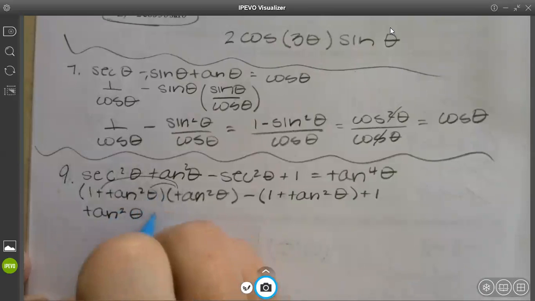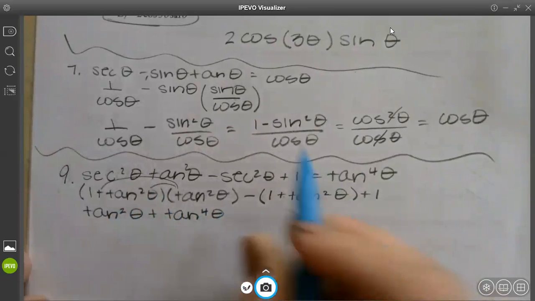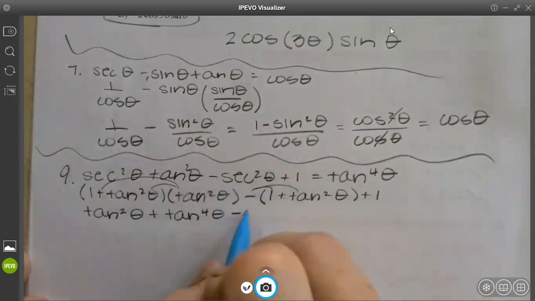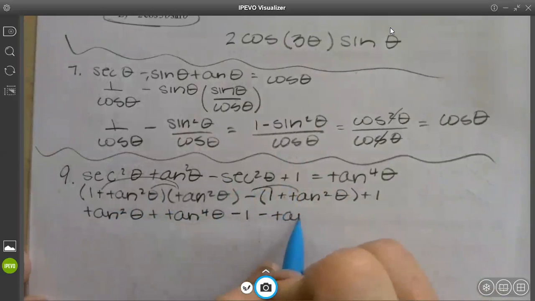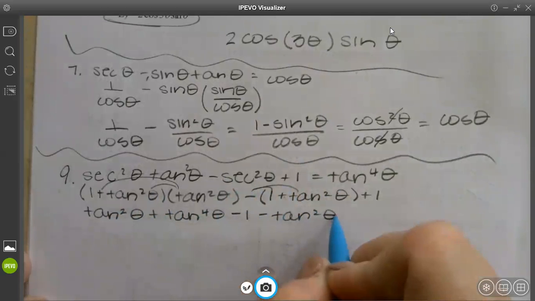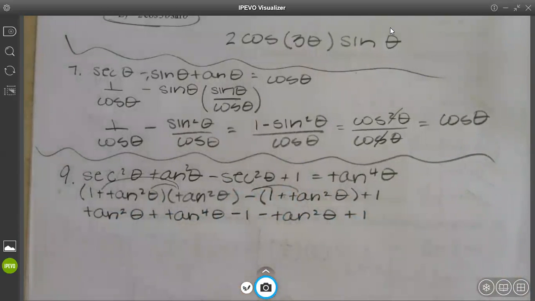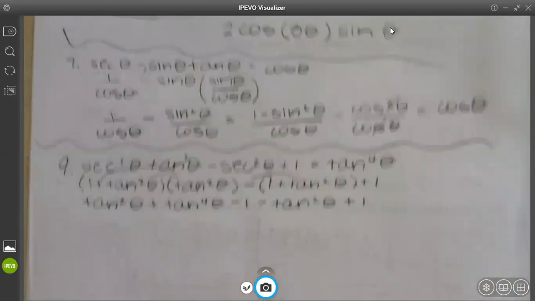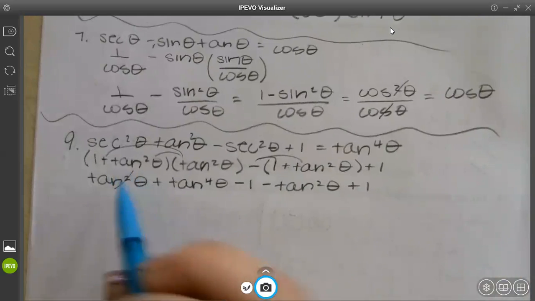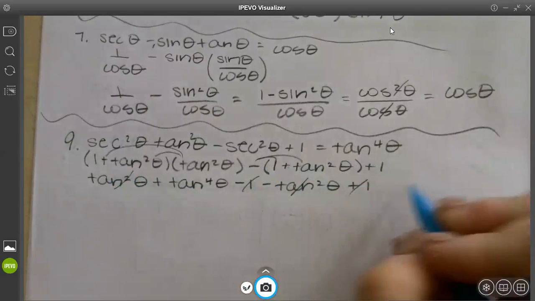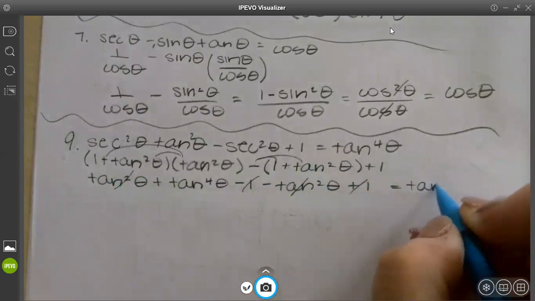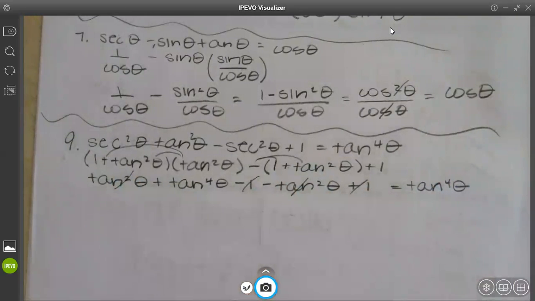What's tan squared times tan squared? Distribute your negative. So we get -1, negative tan squared theta, and then we have a plus 1 on the end. Is everybody okay with that? What happens? Was that problem hard? No. You guys are making them more complicated than what they are.